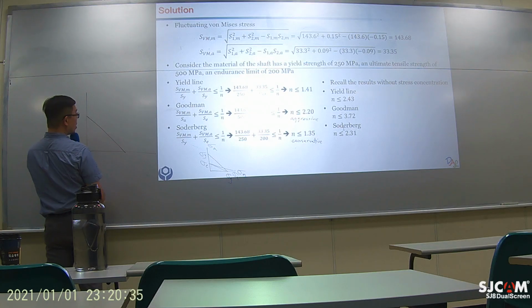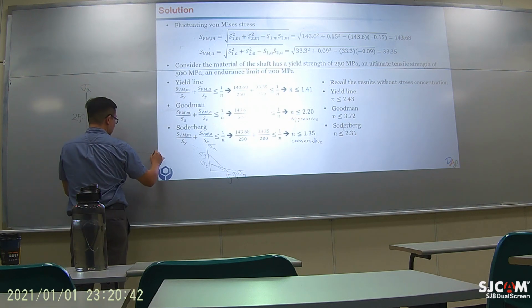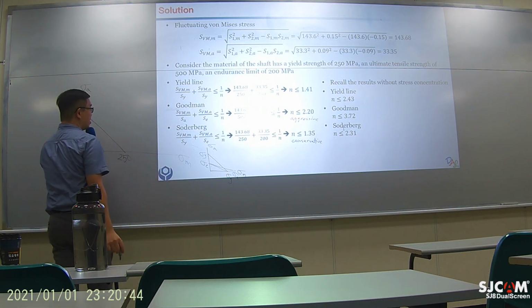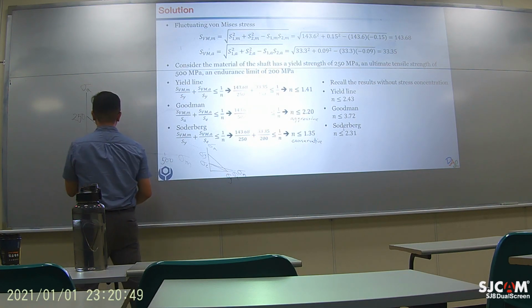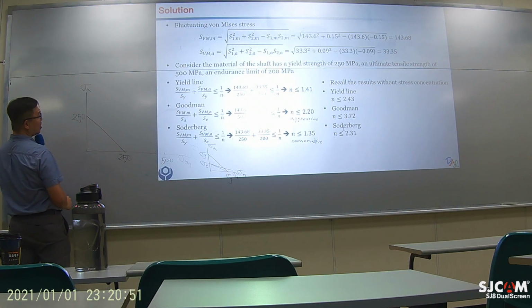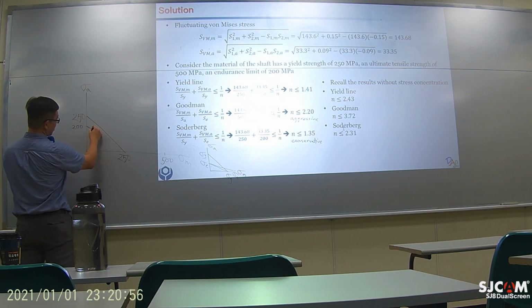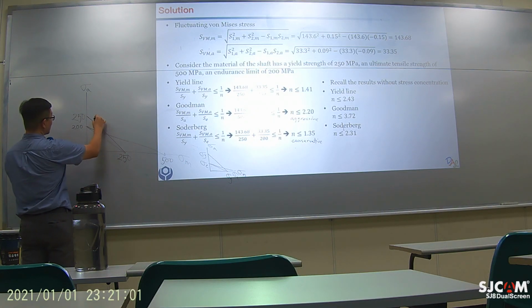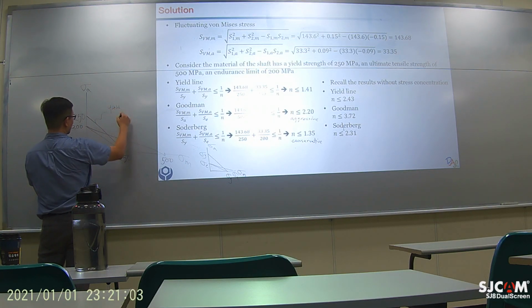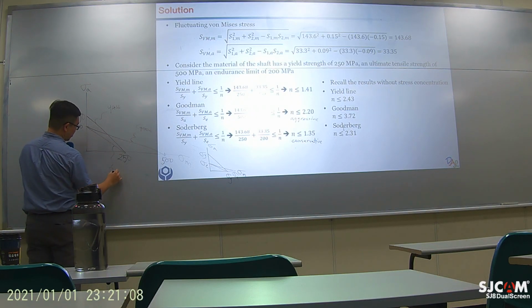The yield strength is 250. Here is the amplitude, here is the mean. The ultimate tensile strength is 500, and the endurance limit is 200. So the design equation looks like this. This is the yield line, this is Goodman, this is Soderberg.